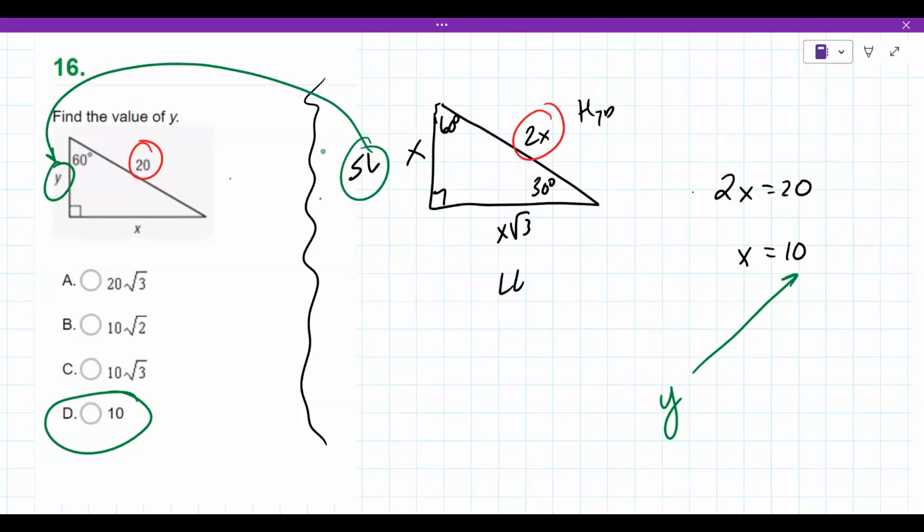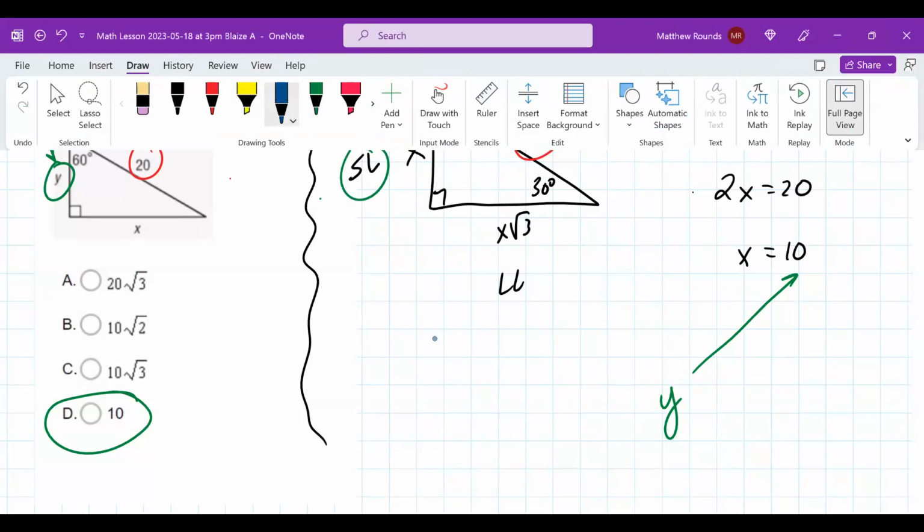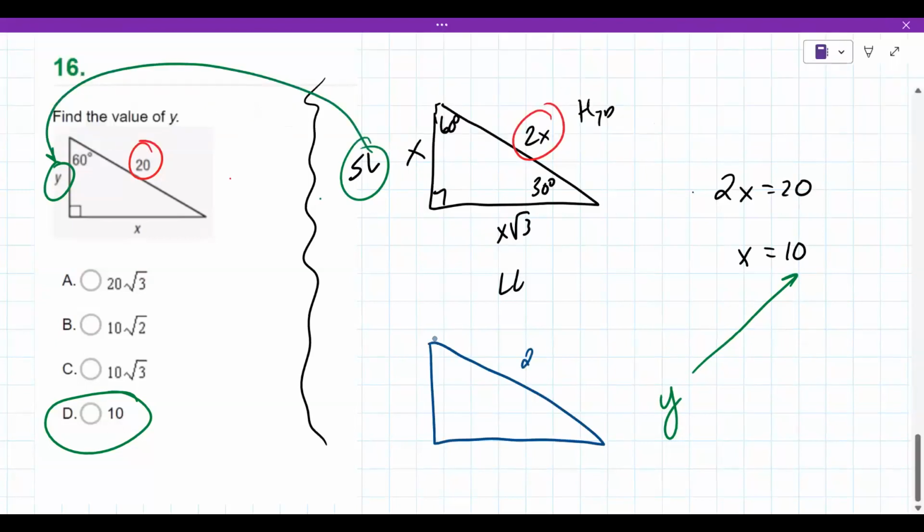Yes. And that number that you found is the short leg. What you're really doing is you're creating a whole other triangle over here where it's like, okay, that's 20, that's 10, that's 10 root 3. And then you're matching it back up to your triangle with what you're trying to find. Because it says find the value of y. What it really means is this leg over here. If it said x, it really means this leg over here. You just go to your reference drawing and you say, oh, it's really 10, or oh, it's really 10 root 3.